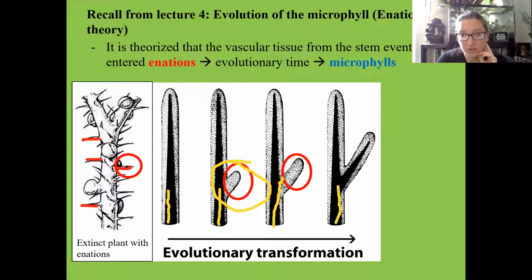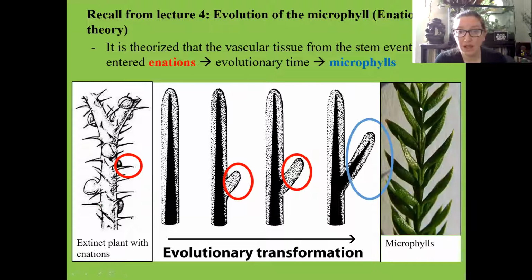And once the vascular tissue migrates into the enation, no longer an enation anymore, it's what we call a microphyll, which we're used to because we've come across microphylls a lot. Remember, it's that leaf that has a single vein, very simple. This is what we think happened in terms of the evolutionary history of a microphyll.